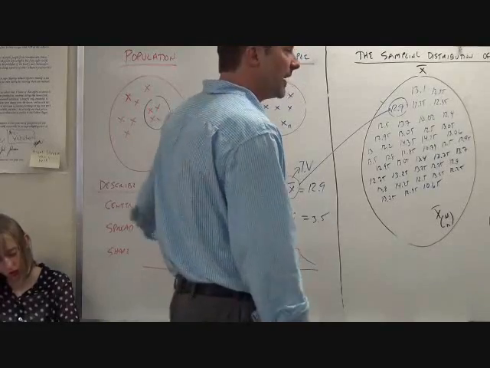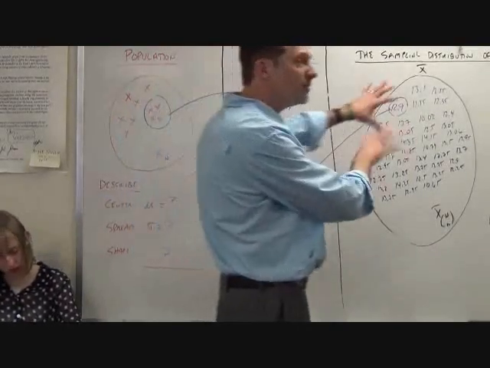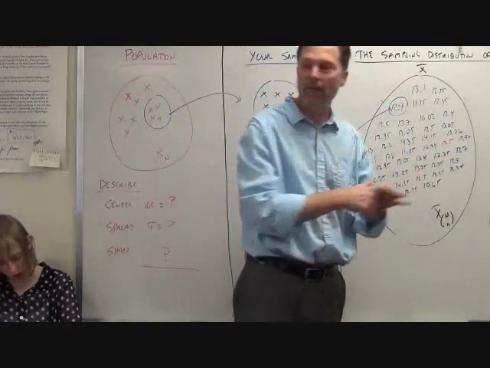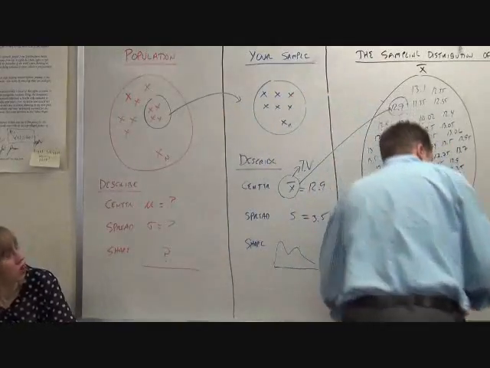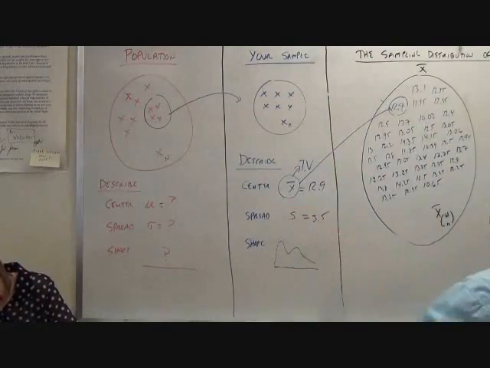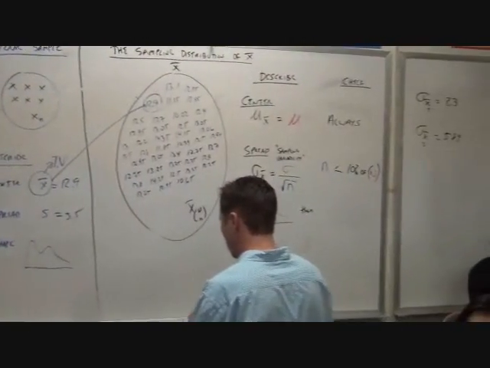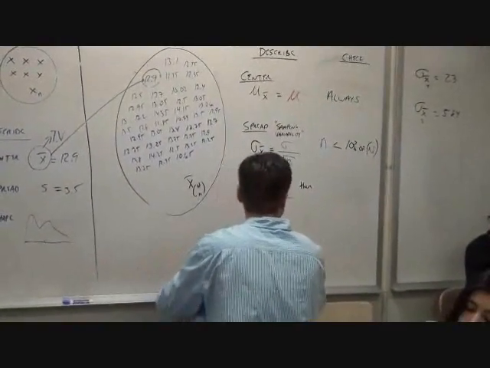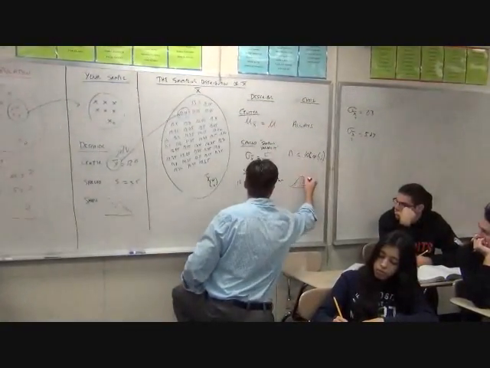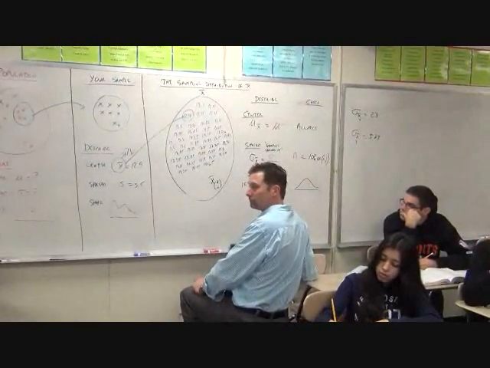So in other words, if your original data came from a normal distribution, when you get all these means, it's going to have a normal shape too. So in terms of pictures here, if the shape of the population distribution is normal, then the shape of your sampling distribution is also going to be normal.